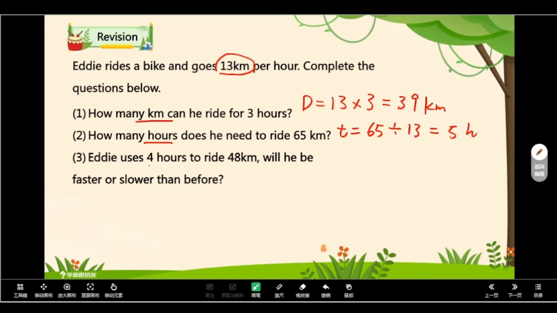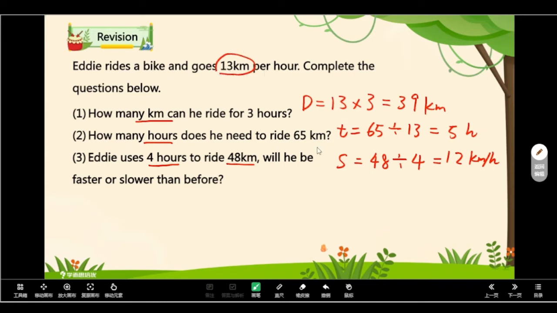Eddie uses 4 hours to ride 48 km. Will he be faster or slower than before? So what do we know from this question? We need to calculate the speed of Eddie now, right? If we need to calculate the speed, we can use the total distance divided by the time, and this equals 12. How about the unit? Yes, km per hour. So we know the new speed of Eddie, and the old speed is 13 km per hour.